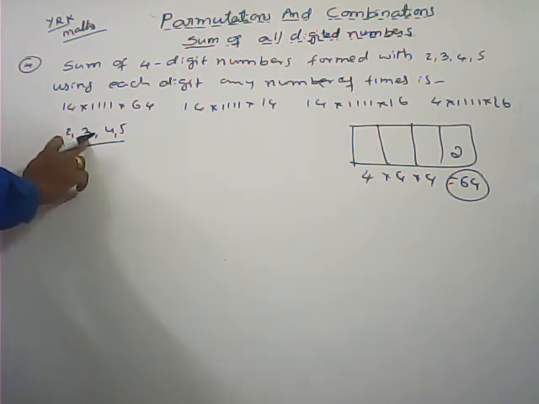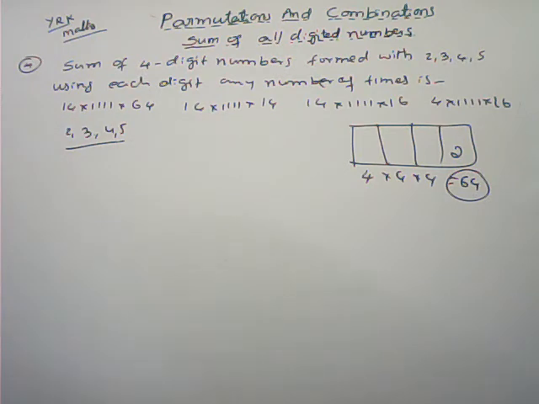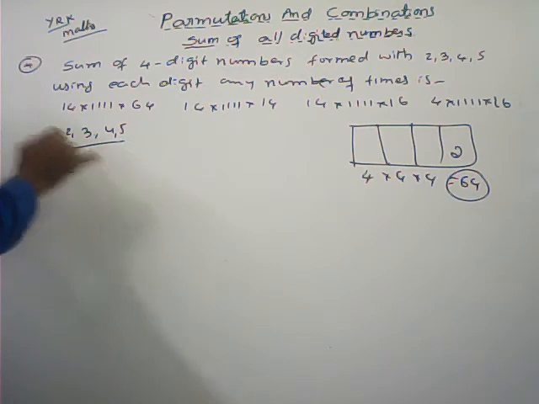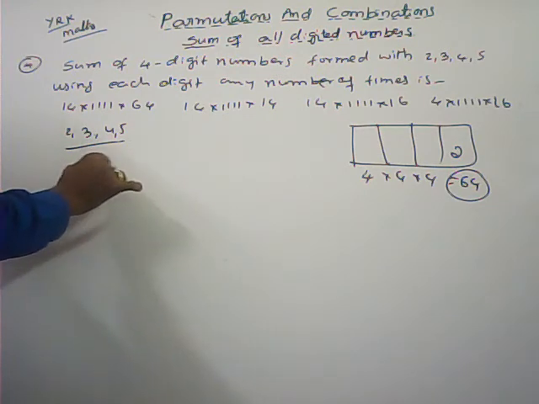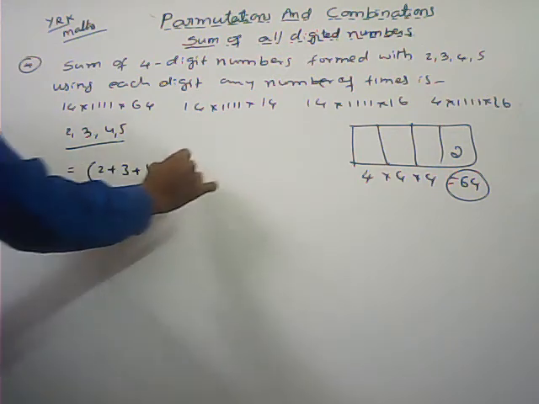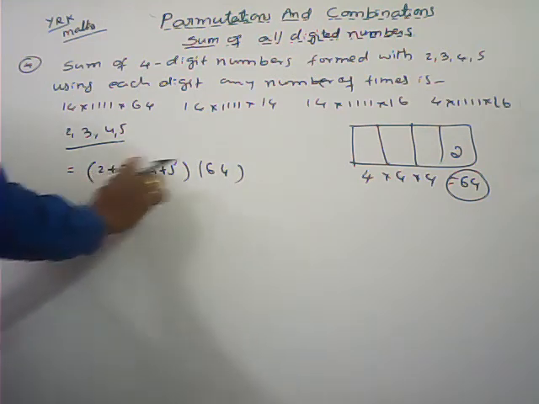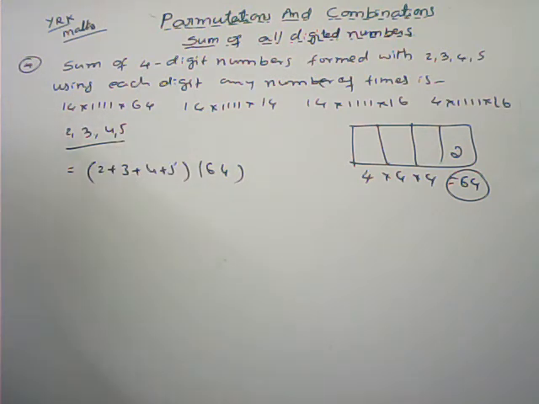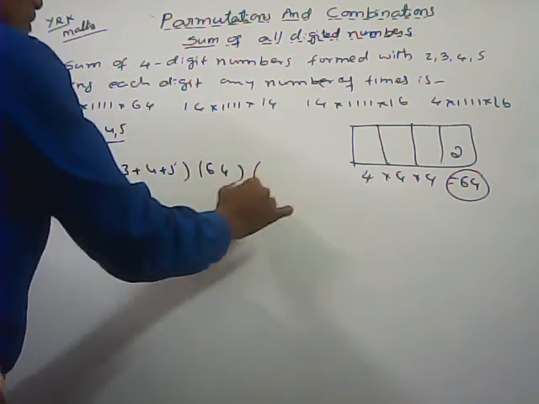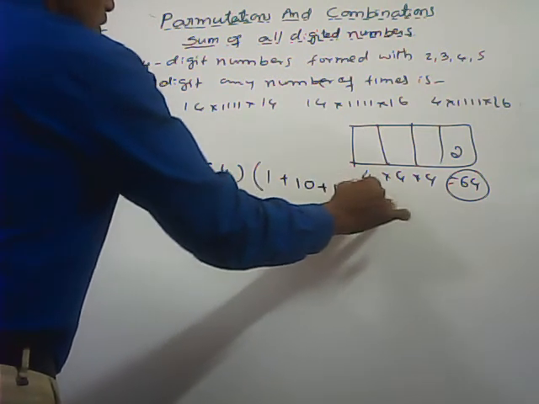You can keep 3 anywhere in any position. So the total number of numbers containing 3 in that position, 64 are there. So the total sum is equal to 2 plus 3 plus 4 plus 5 into 64. Each one repeats 64 times, in every position, whether units, tens, hundreds or thousands place.